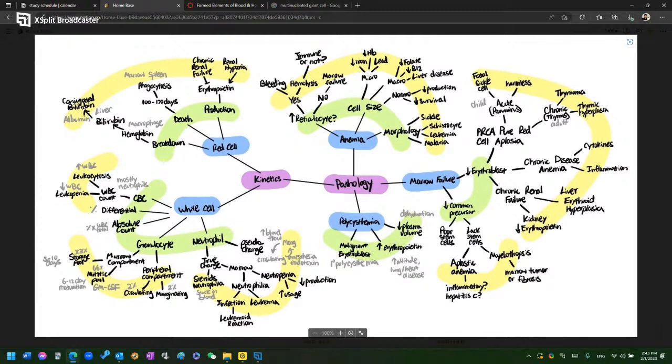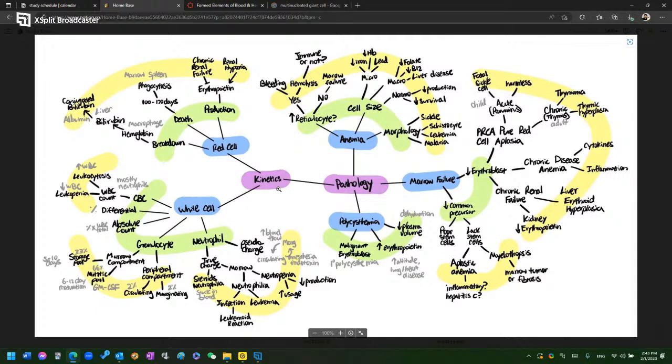And you either excrete it. I'm pretty sure you do excrete it at that point, but I'm going to have to check on that. I think we're going to talk about this a little bit more when we go into our anemias, where the iron goes. I'm not terribly sure right now.